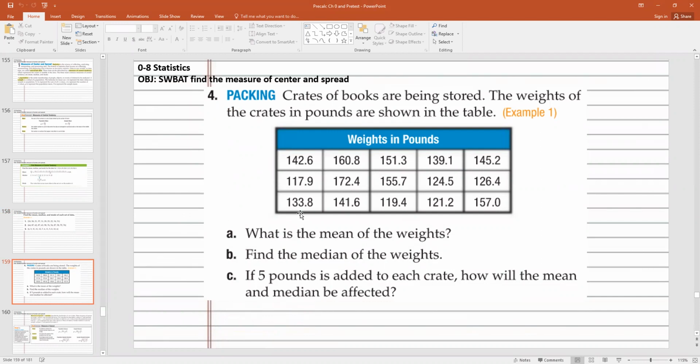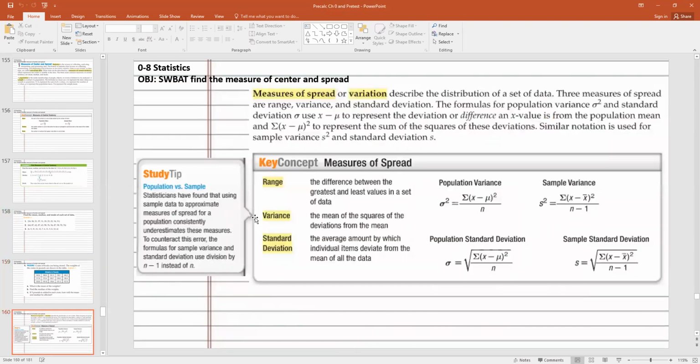It just gives a list in the table. That's it. Okay, so those are all your numbers. You have 15 numbers to add. Oh boy. Okay, but we won't do that one.